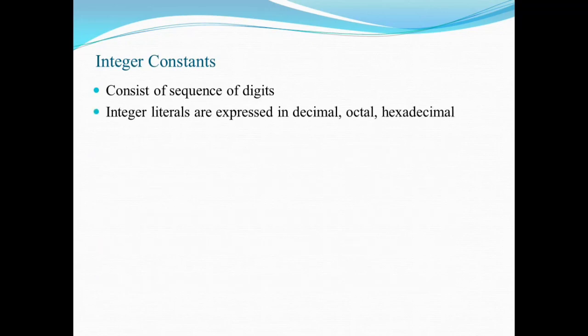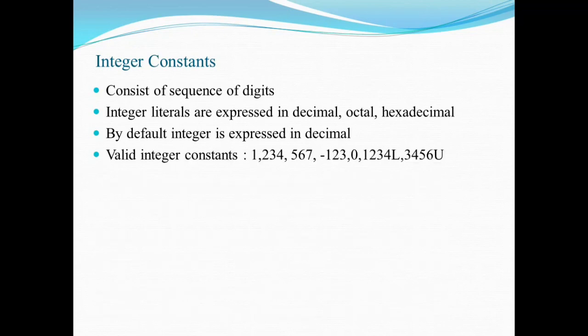An integer constant consists of a sequence of digits. Valid examples of integer constants are, let's say, the number 1, or 234, or 567, some negative number, or 0. All are allowed as valid integer constants. But by default all these are of type integer.